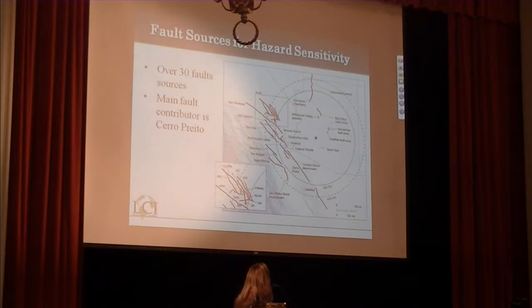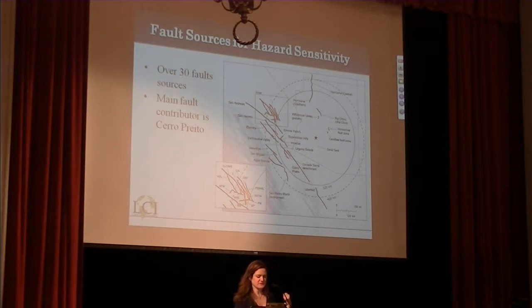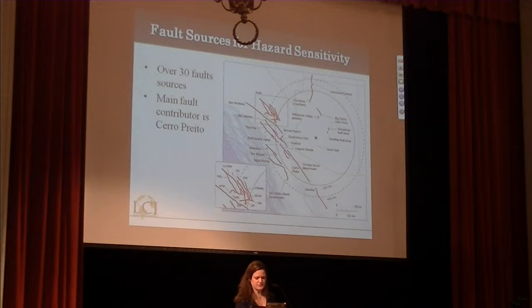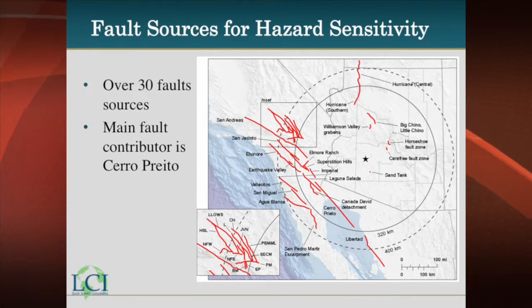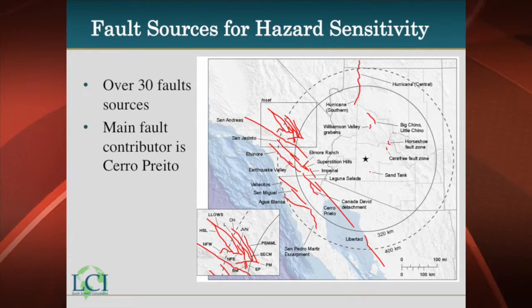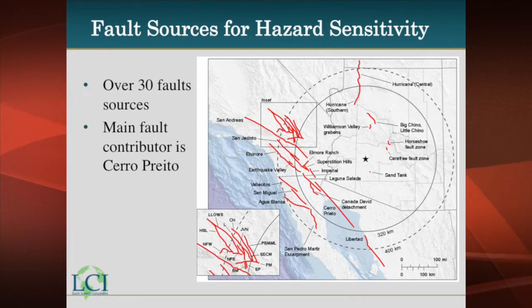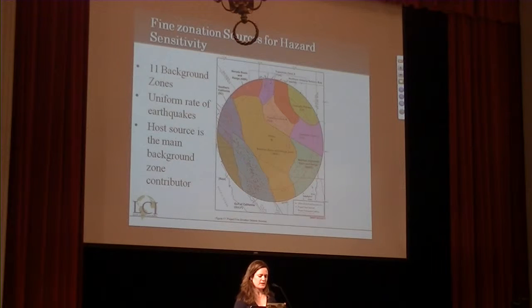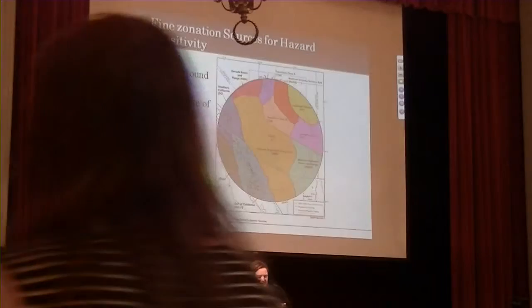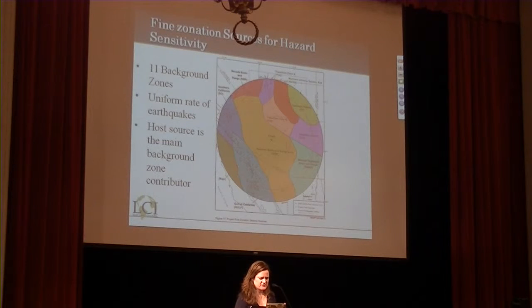So a little background is that these are the fault sources run for the hazard sensitivity. There were over 30 faults, and for the Shack 2 hazard, the main fault contributor was the CR Pareto fault, which you can see is right here, and then here's the Palo Verde site. So this was our main fault contributor. For the background sources, I chose the fine zonation sources to run for hazard.